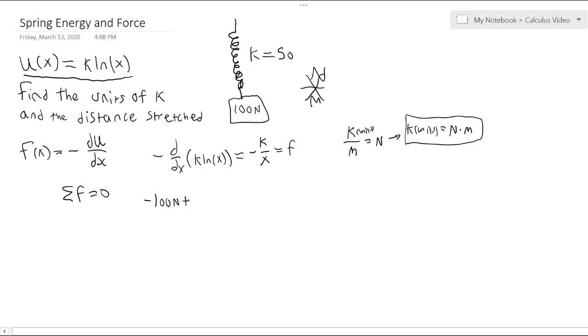And then we have the spring force itself, which is the only other force in the problem, so that will be k over x, and that's all equal to 0. So now all we've got to do is solve the problem for x.